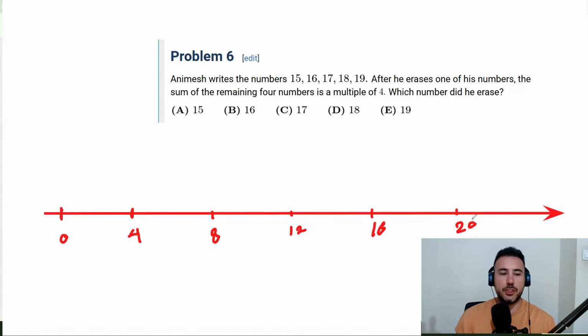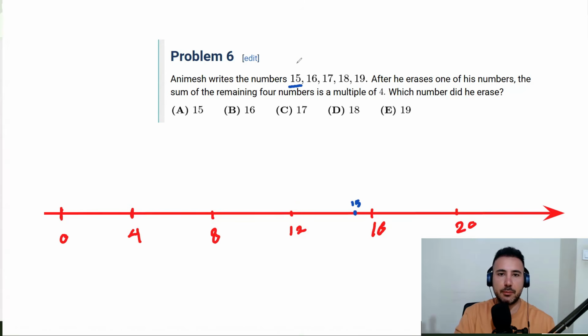Look, we just need to know where the numbers fall. Now, let's see the placement of 15. 15 is already here. That means we could say it's 1 less than a multiple of 4, or 3 more than a multiple of 4. That's what we could say about 15, right?